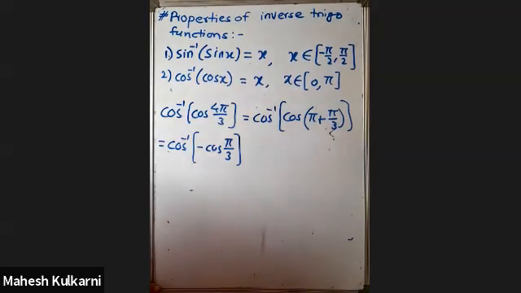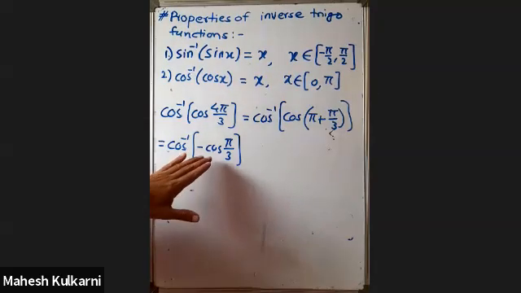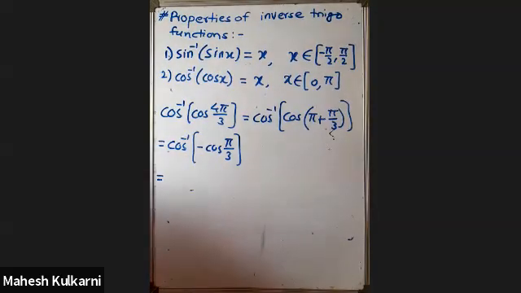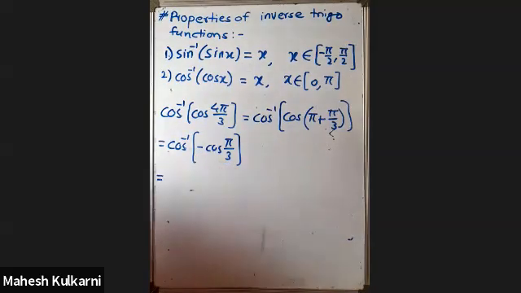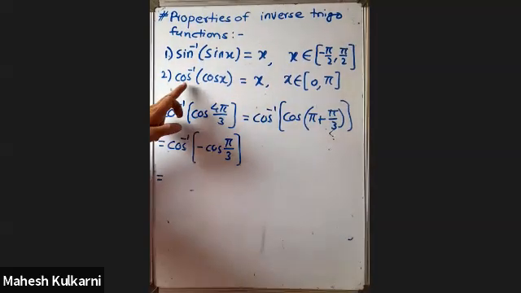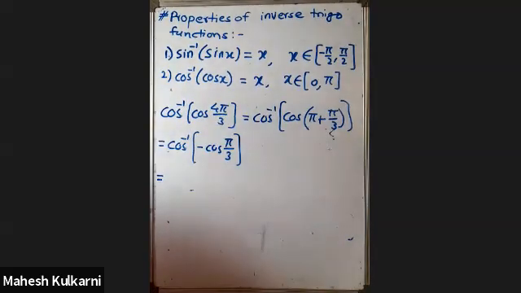It is minus of cos pi by 3. So this becomes negative. But what is the formula? It is cos inverse of cos x is equal to x. But this is minus cos pi by 3.